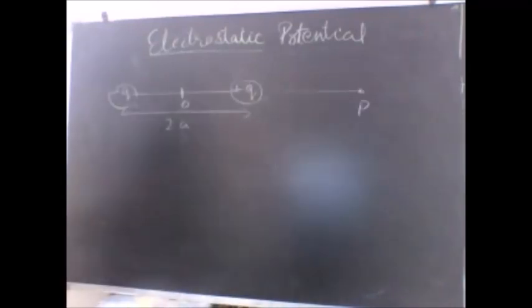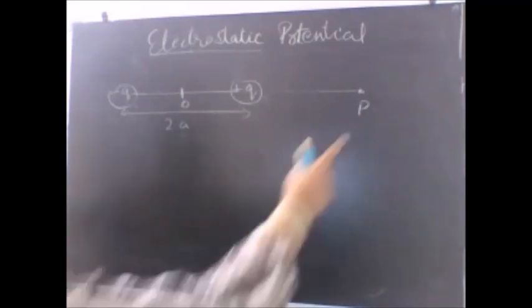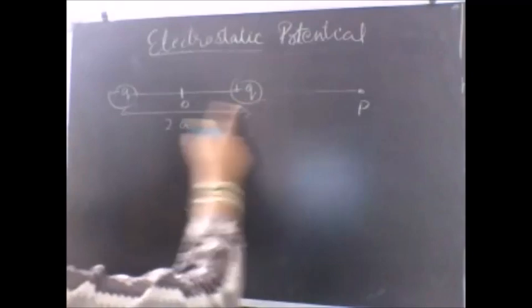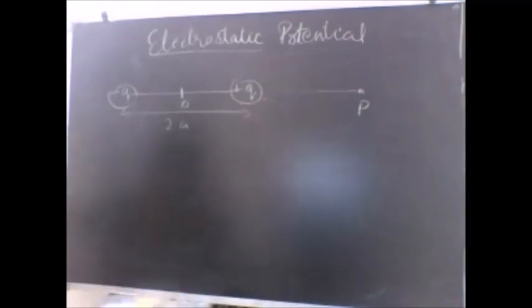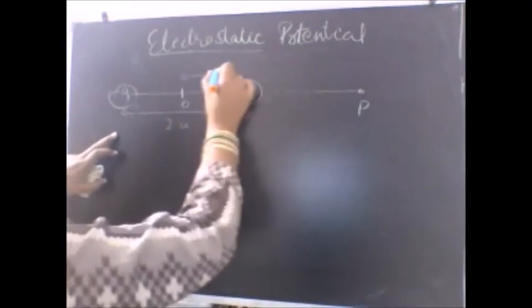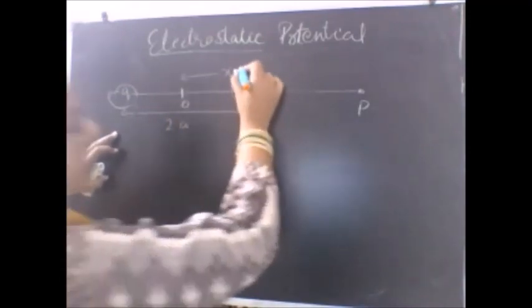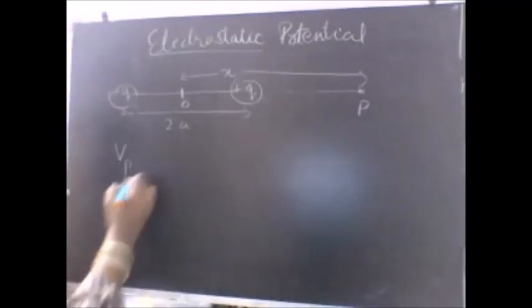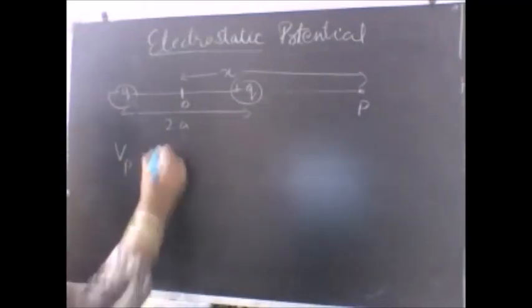The second case is the calculation of electrostatic potential at the point P, which is lying on the axial line of the dipole. Dipole length 2a, and assuming that from the point O the distance is x. So what is the net potential at the point P? Same initial equation.